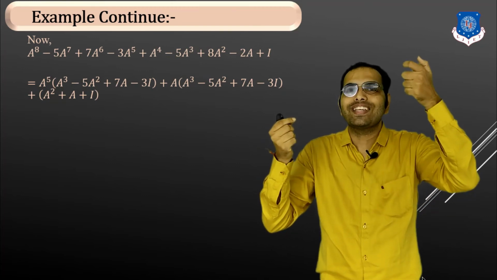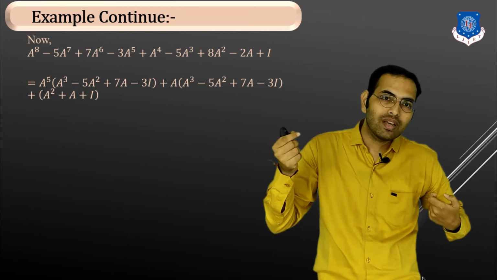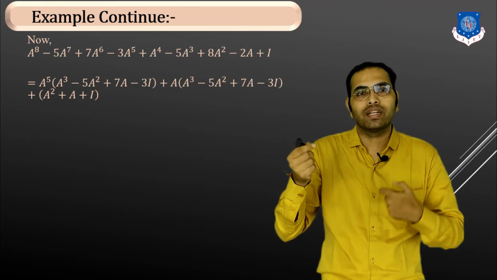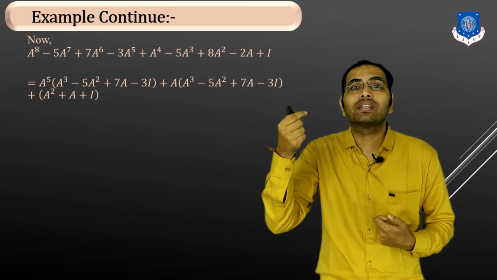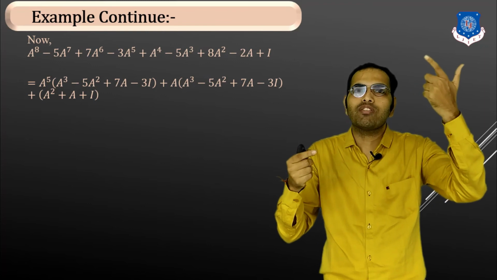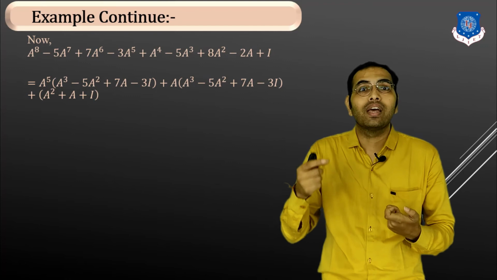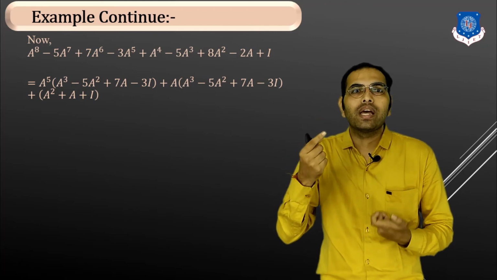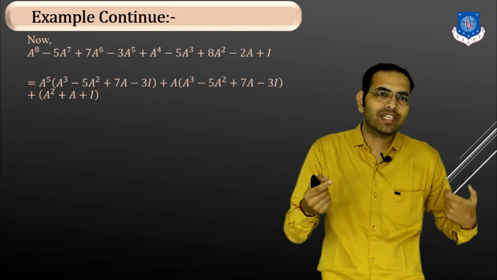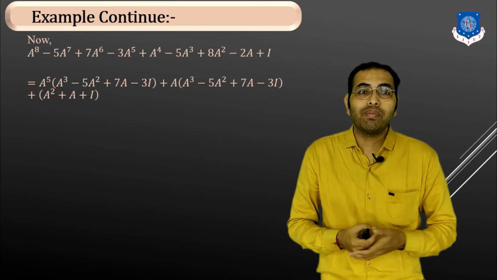But we have 8A^2, so 1A^2 is remaining, then plus A^2 adding, minus 3I into A, that is -3A. But in our polynomial form it is -2A. Then we already have -3A, but we require -2A, so adding A again, then A^2 + A + I remains, that is the identity matrix, also plus I.